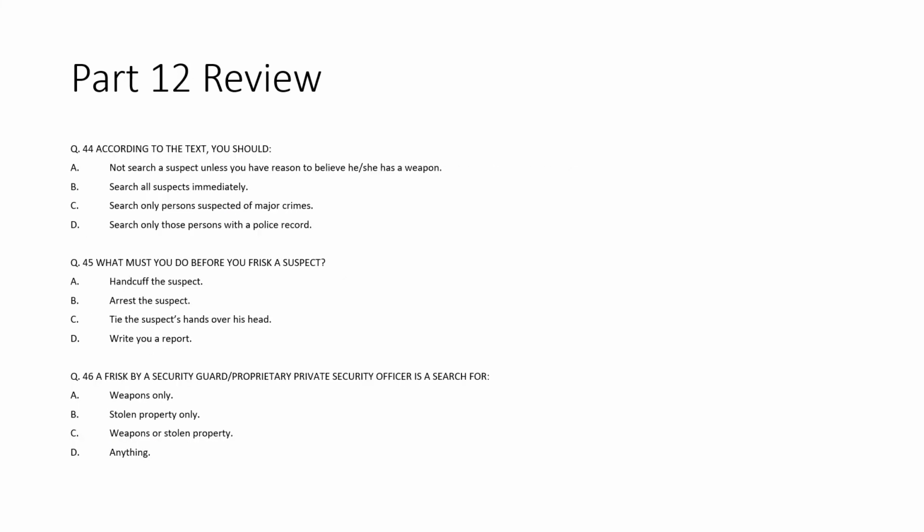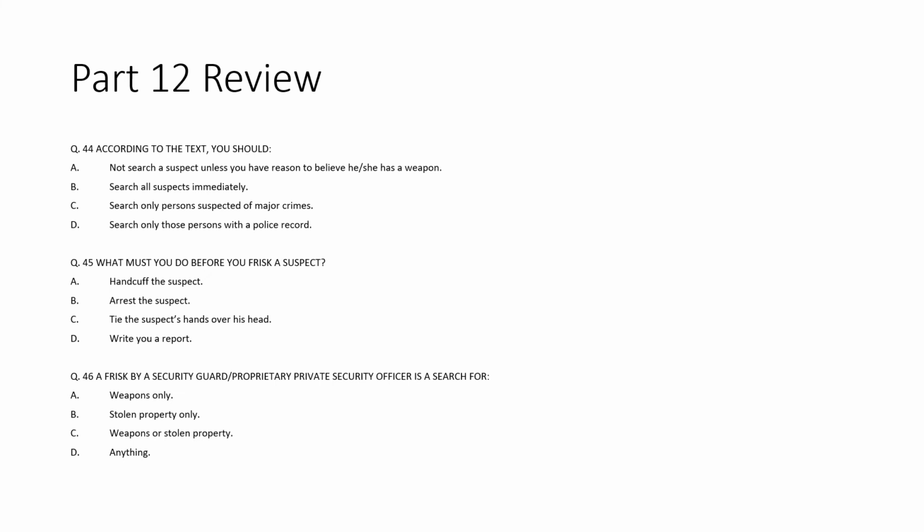Part 12, review. Question 44. According to the text, you should A. Not search a subject unless you have reason to believe he or she has a weapon. B. Search all subjects immediately. C. Search only persons suspected of major crimes. And D. Search only those persons with a police record. Question 45. What must you do before you frisk a suspect?